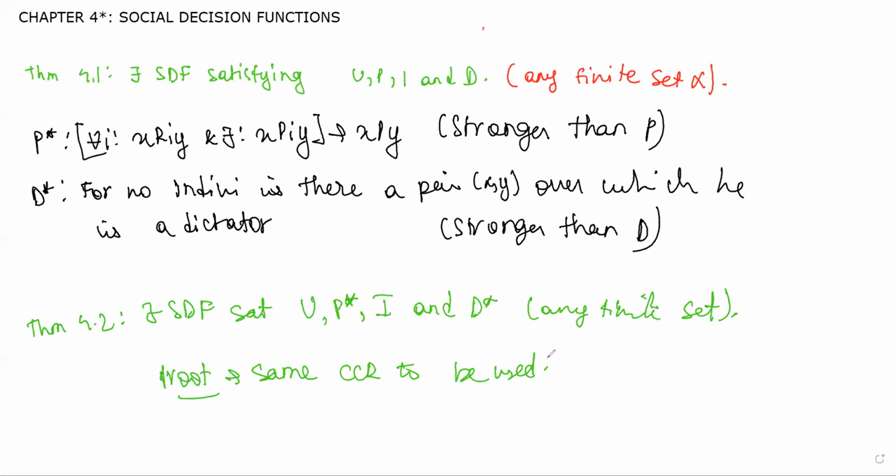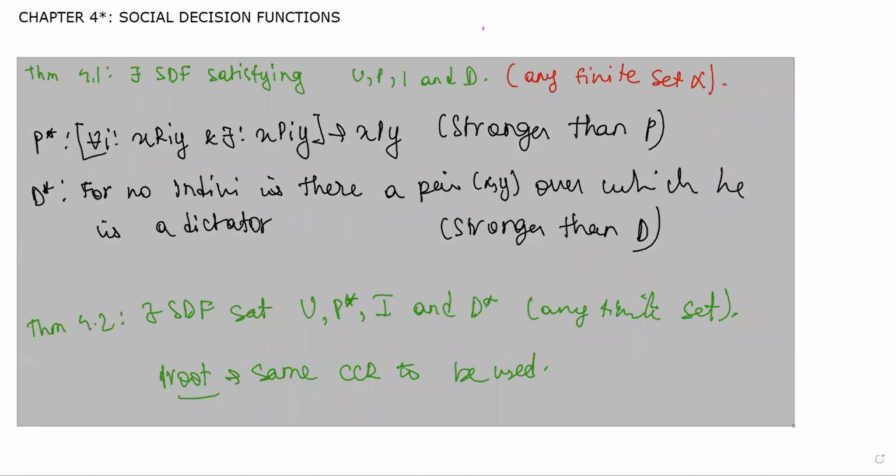All right, the same collective choice rule which we used in the previous proof satisfies P star and D star as well. Once again, very easy to check. In fact, if you prove that the R we defined earlier satisfies D, a very similar proof will work for D star as well. And P star actually comes immediately from the definition, so I'm not going to include that either.